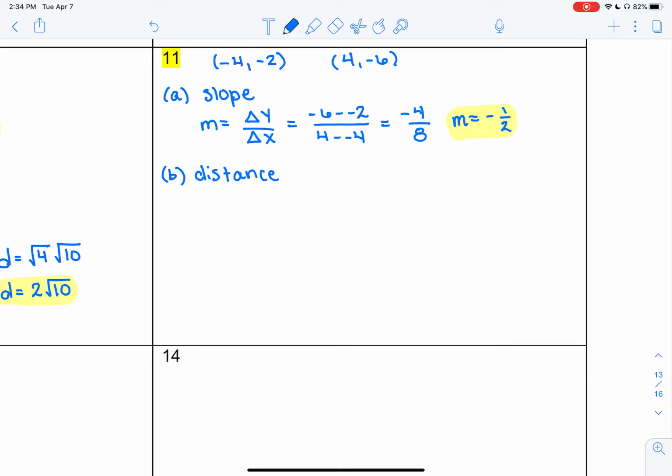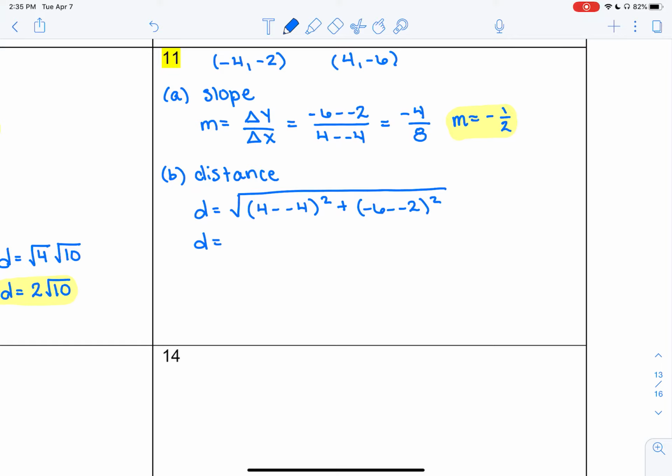Once again, we're going to first do the x values subtracted. In this case, it would be the second x minus the first x squared plus the second y minus the first y squared.